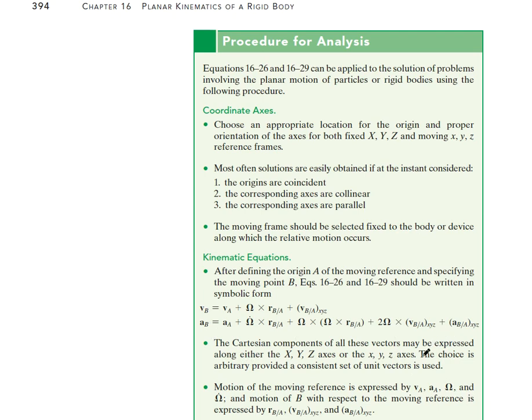Sometimes it becomes convenient to express these two vectors, or maybe the acceleration vector in particular, fully relative to the moving frame. So you can either perform this analysis in the fixed frame or in the moving frame.